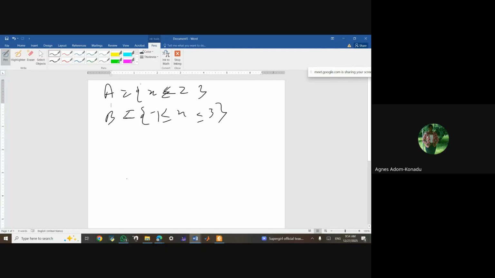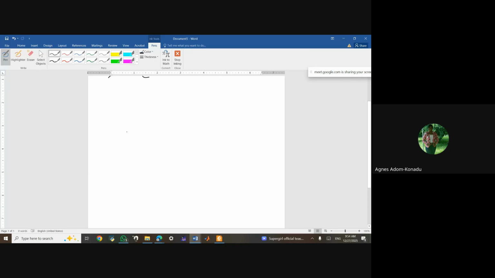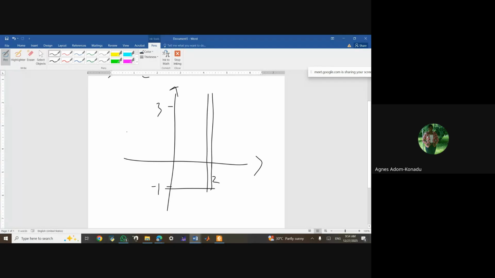So when I sketch, I have my X and Y. My Y is between -1 and +3. My X is less than or equal to 2, so I have +2 here. So I know that the graph will take this form. It will pass through 2, and then I'll have my 3.